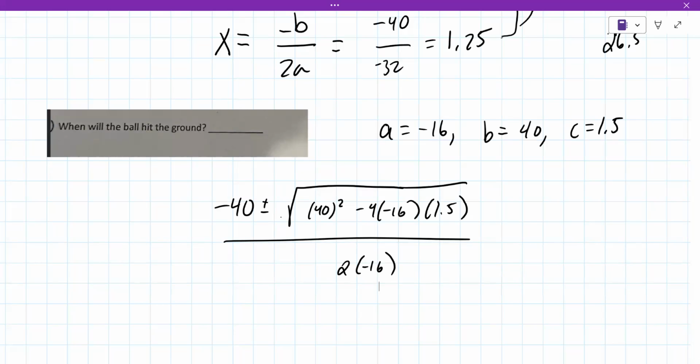I got 0.03. It's negative 0.037, but that one's not in the domain. You got to do the other one. So then switch it to minus, and then I got 80.83 or 0.03. It's 2.537.